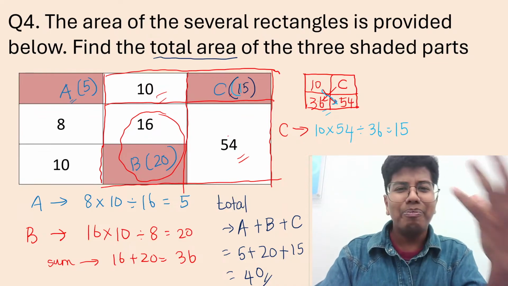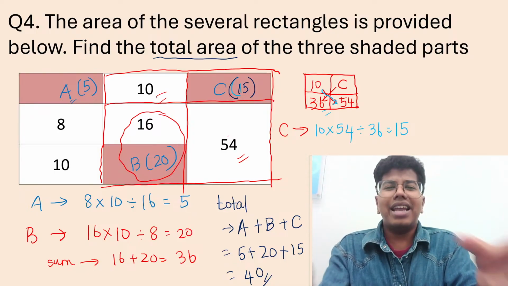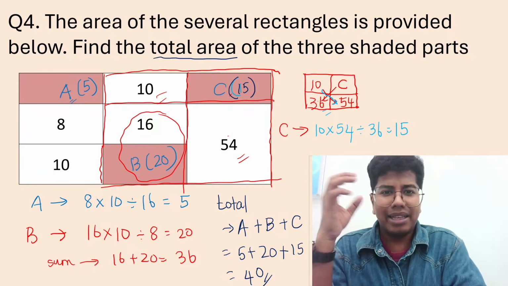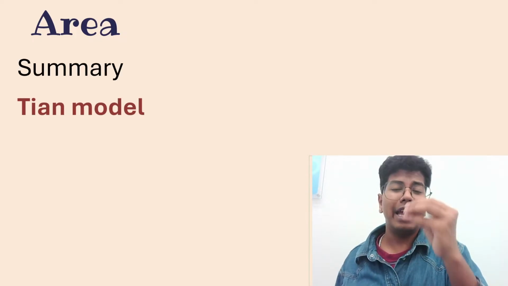So the most important part to understand from this question is about area. If you have rectangles which are enclosed inside a big rectangle, which model can we use? It's called the Thien model.